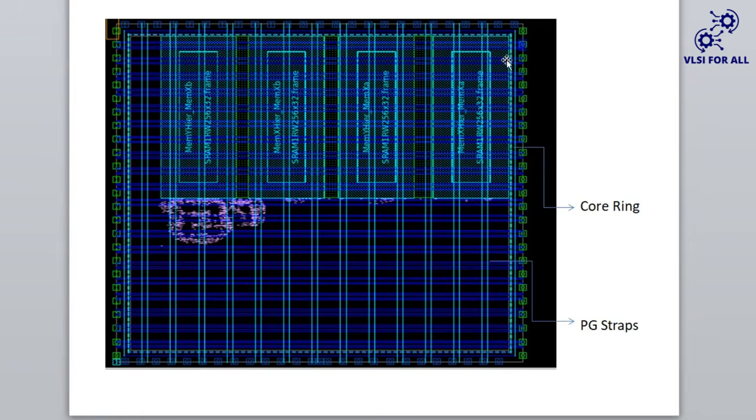And here, power distribution is done in three stages. I was telling how power planning is involved and how the levels of power distribution happen. Power planning involves calculating the number of power pins required, the number of rings and stripes, the width of the rings and stripes, and IR drop.